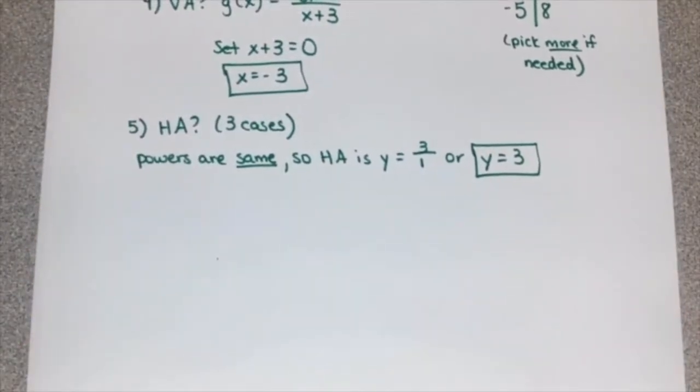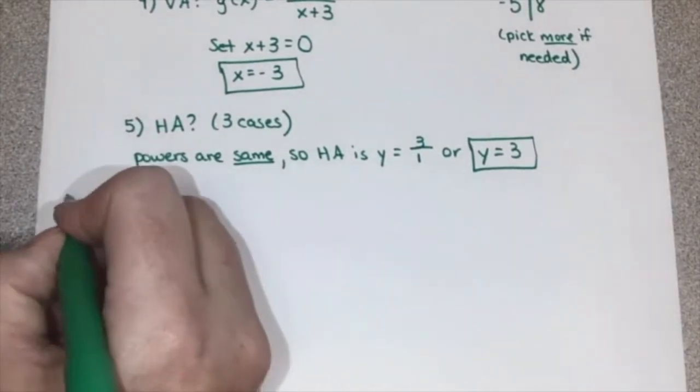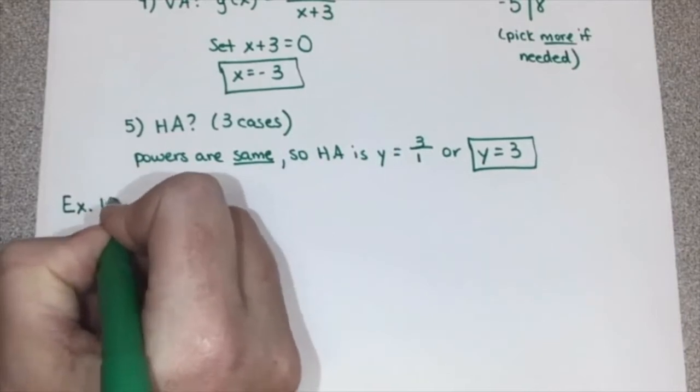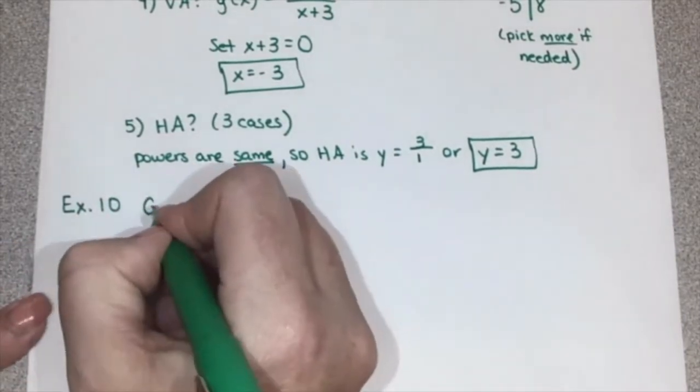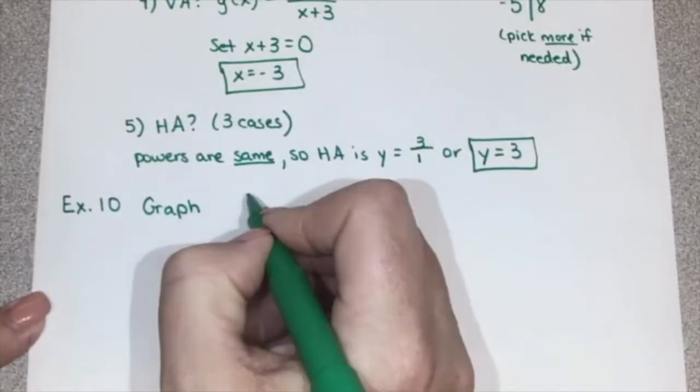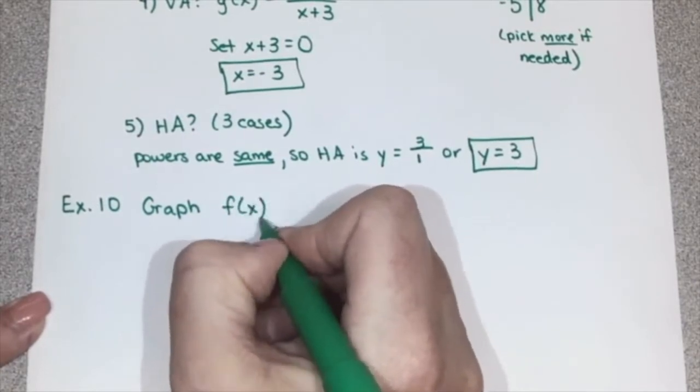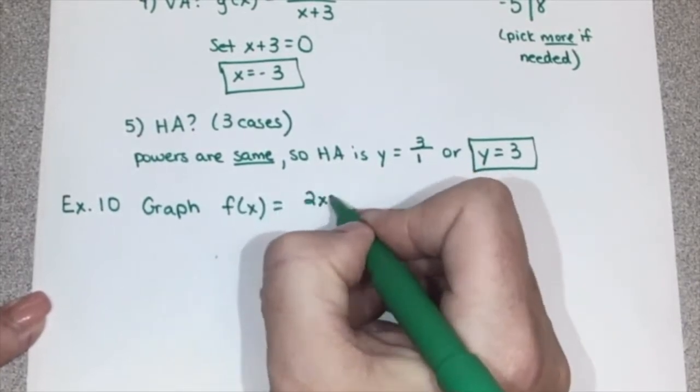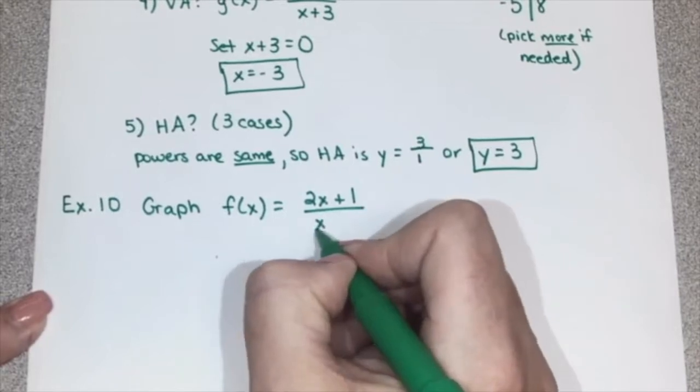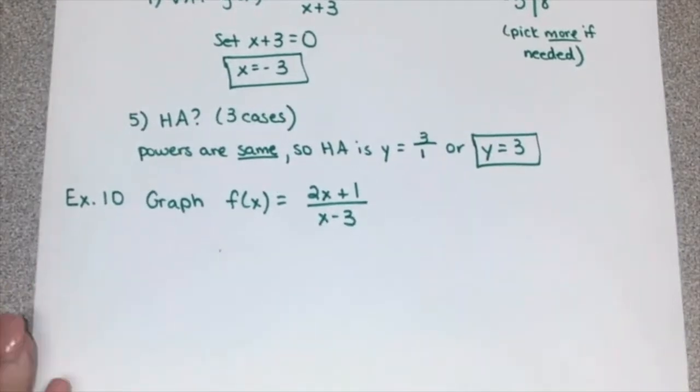Okay, so let's look at one where I'm going to have you work on it on your own. So this is still graphing rational functions. Let me word this the way that I probably would for a test.